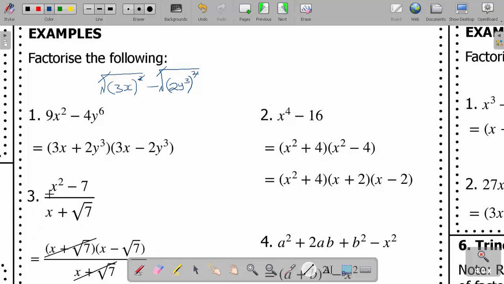This is how we get it: by first finding the square roots of each term in the difference of two squares, then we open two brackets and separate them with a plus and a minus, still carrying on with the same terms. Hope you're still together.